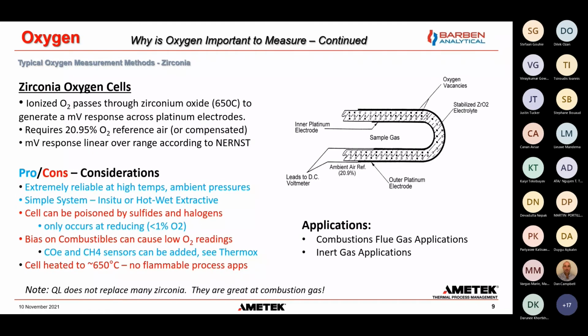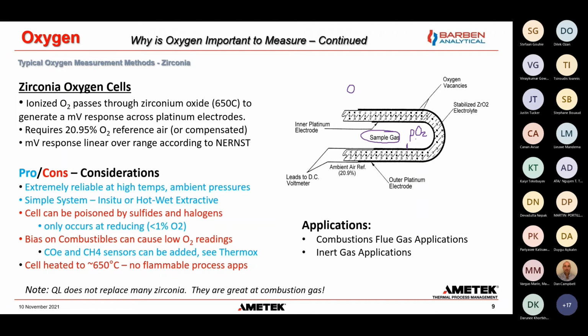So, zirconia oxygen cells. What we know here is that ionized O2 passes through zirconia oxide at a temperature of around 650 degrees Celsius. The O2 can ionize and then pass through what is a solid substrate, but very porous, like a ceramic material, zirconia oxide. What happens here is we have a sample gas inside, with a partial pressure of oxygen, PO2, of our sample, in contact with this platinum electrode.